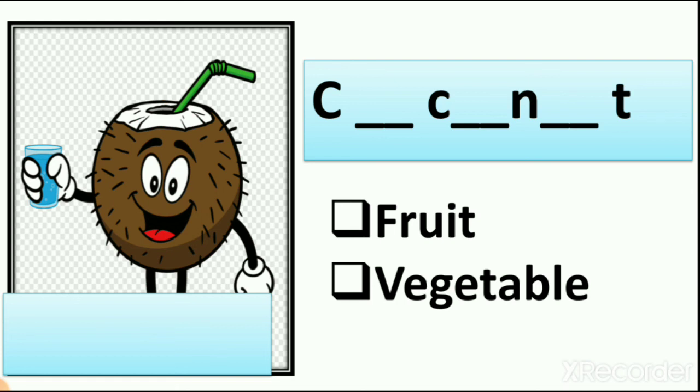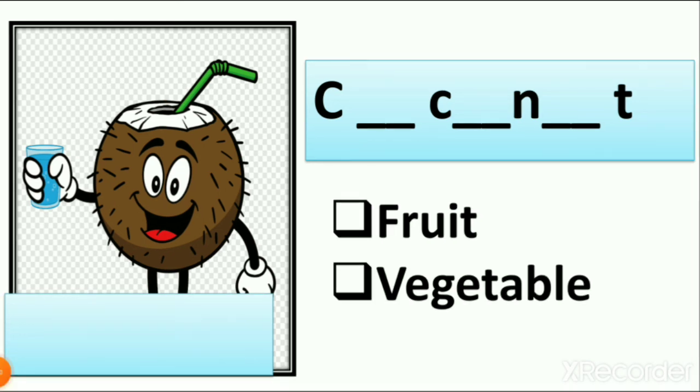So what is the spelling of coconut? C we have. Then which letter is missing? Yes, O. C, O. Then again C. Then which letter is missing? Yes, again O. Coco. Then N, then U, T. So what is the spelling of coconut?